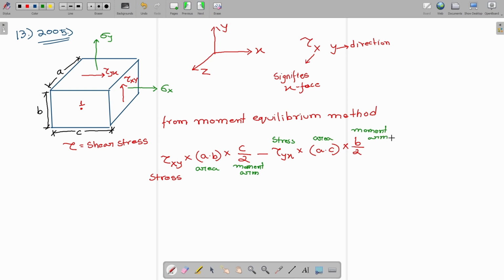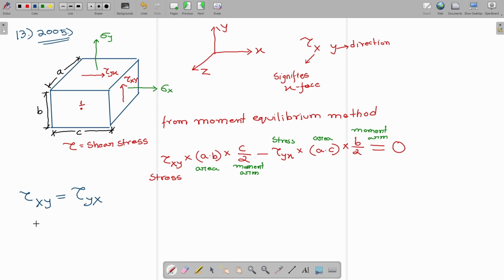This is equal to 0. Therefore, after solving this equation, we get that tau xy is equal to tau yx.